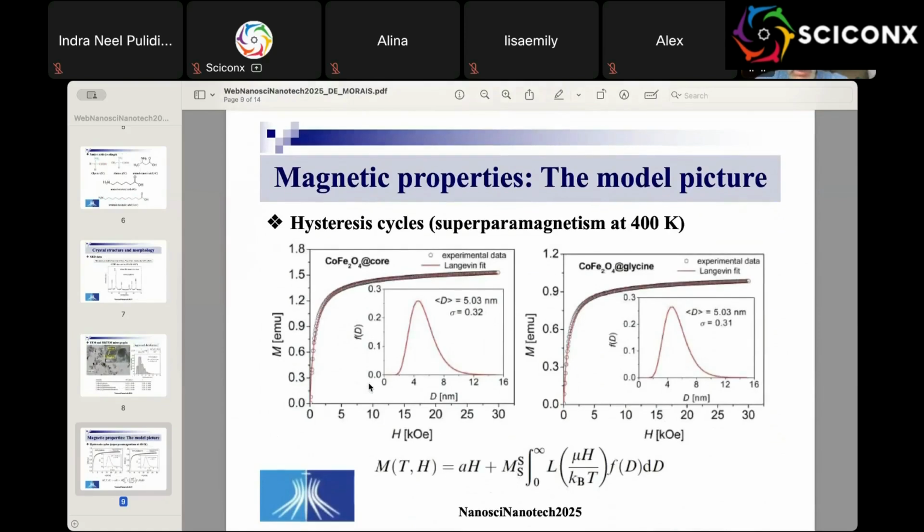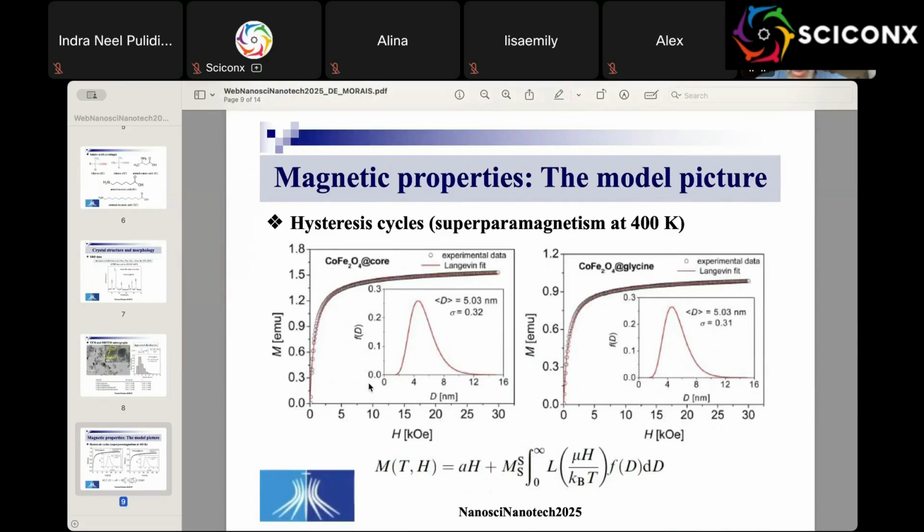Now let me show you typical magnetic data. So in both slides, I show you the hysteresis curves recorded at about 400K.